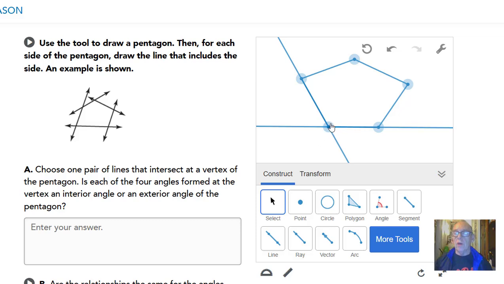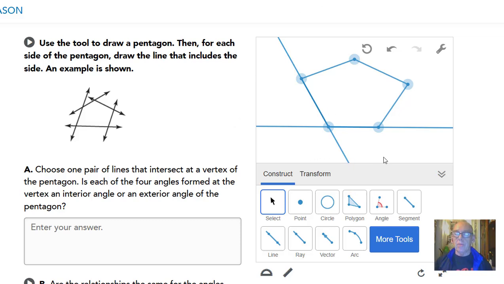So we have 2 pairs of angles formed at each vertex with the sides of the polygon. 2 of the angles are congruent because they are equivalent to the interior angle, and 2 of those angles are congruent because they are equivalent to the exterior angle, and together they're supplementary. The interior angle and the exterior angle are supplementary. Going this way, interior and exterior angles are supplementary.